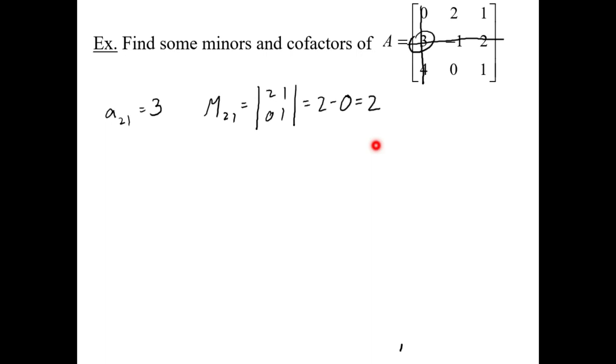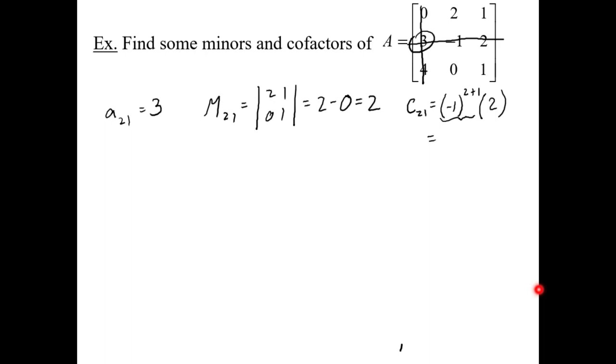So entry 2,1 is 3, minor 2,1 is 2, and then the cofactor 2,1 is going to be, so again, it's negative 1 raised to the 2 plus 1 power times the minor, and we just calculated that minor as a 2. So once again, please notice this is negative 1 raised to a power, which is either going to be a positive 1 if it's raised to an even power, or negative 1 if it's raised to an odd power.